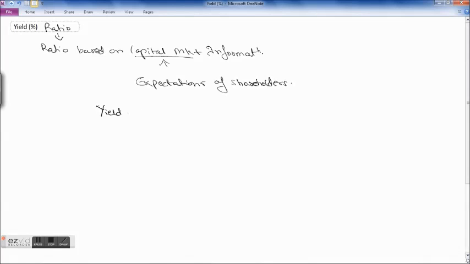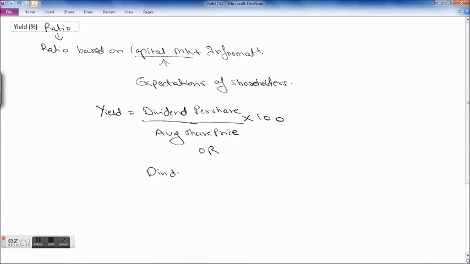So yield ratio is equal to dividend per share, divided by either the average share price, into 100, or dividend per share upon closing share price, into 100.